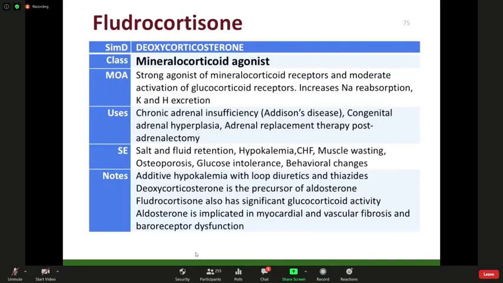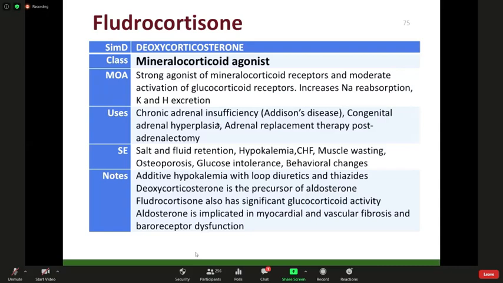Okay, now I've talked about the antagonists, and now I'll talk about the mineralocorticoid agonists. There are certain individuals for whom glucocorticoids with mineralocorticoid effects are not enough to bring up the blood pressure and to prevent the problems which are due to the lack of the mineralocorticoid.